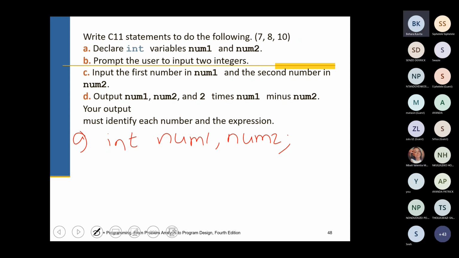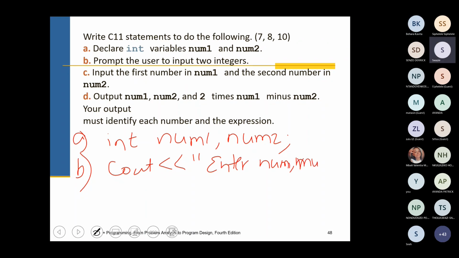B. Prompt the user to input two values. So what are you going to write? cout. This is exactly what I was saying. cout, enter num1, comma num2, colon, quotes close, semicolon, right?